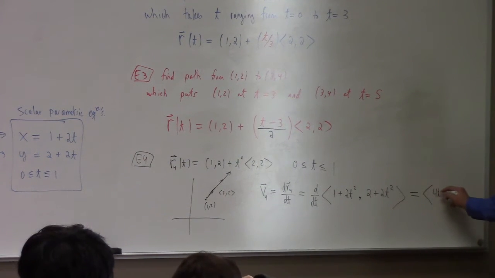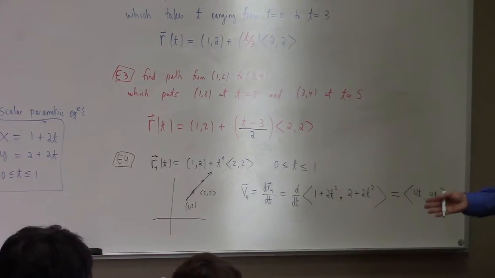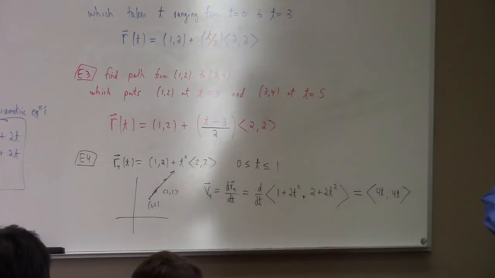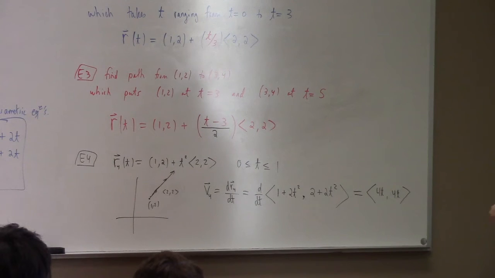Yeah, 4t. So this thing is kind of wacky. It starts out with 0 velocity at time 0, and then the velocity gets larger and larger until at t equals 1, your velocity is 4, 4. So the velocity is not constant in this path.